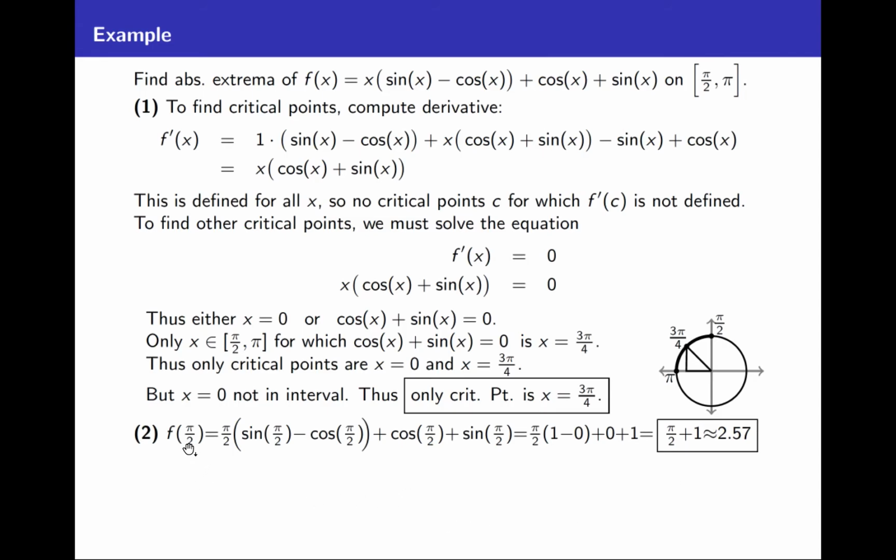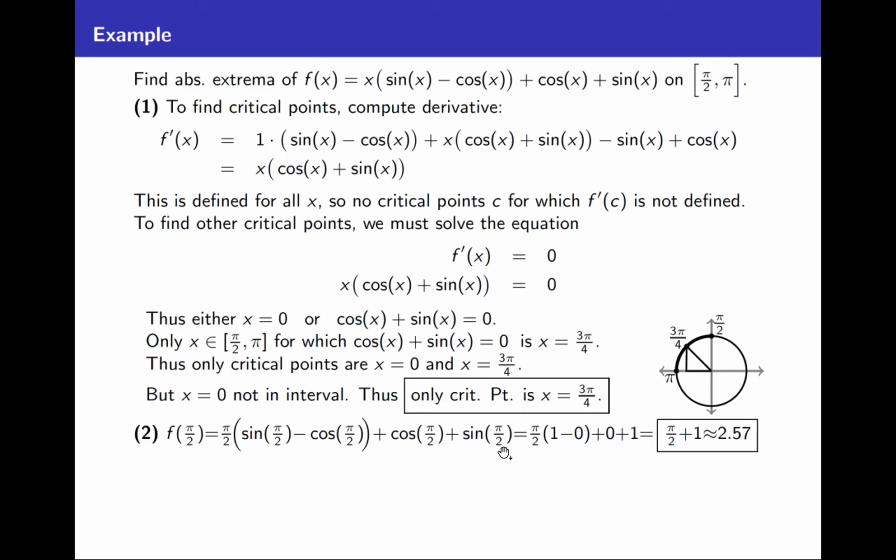Okay, let's start with our endpoints. We've got an endpoint on the interval of pi over 2. We do f of pi over 2. We're plugging that into f, not f prime, but f. Here's f up here, that whole function. So f of pi over 2 is pi over 2 times the quantity sine pi over 2 minus cosine pi over 2, plus a cosine pi over 2 and a sine pi over 2.